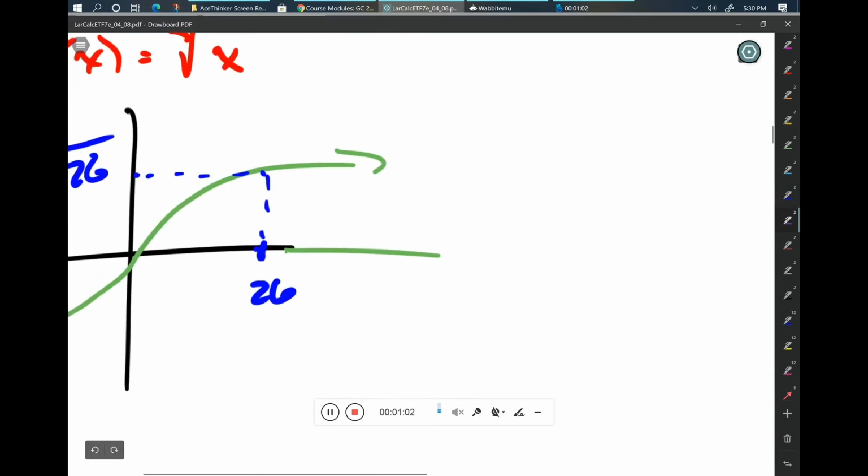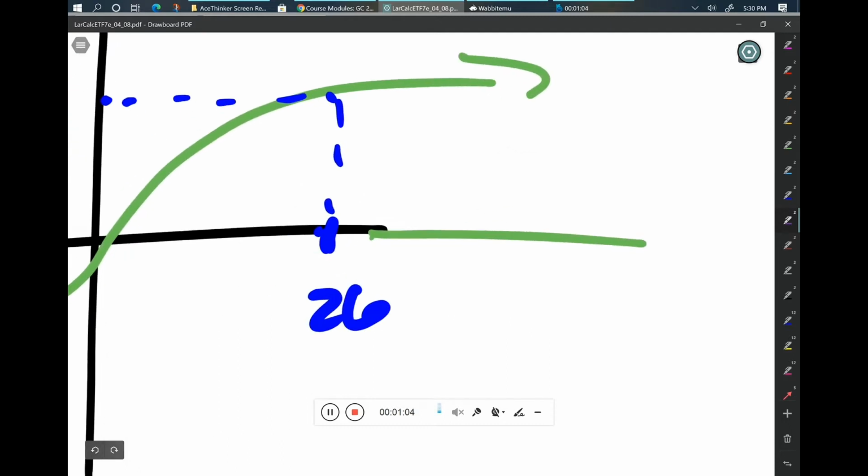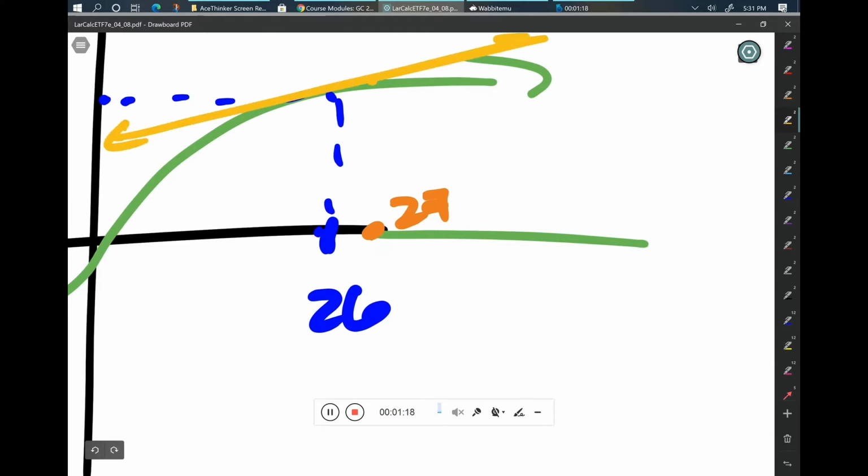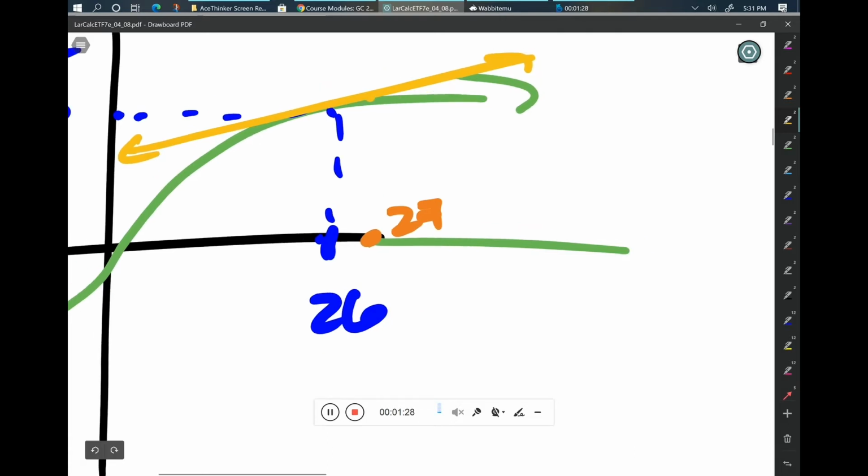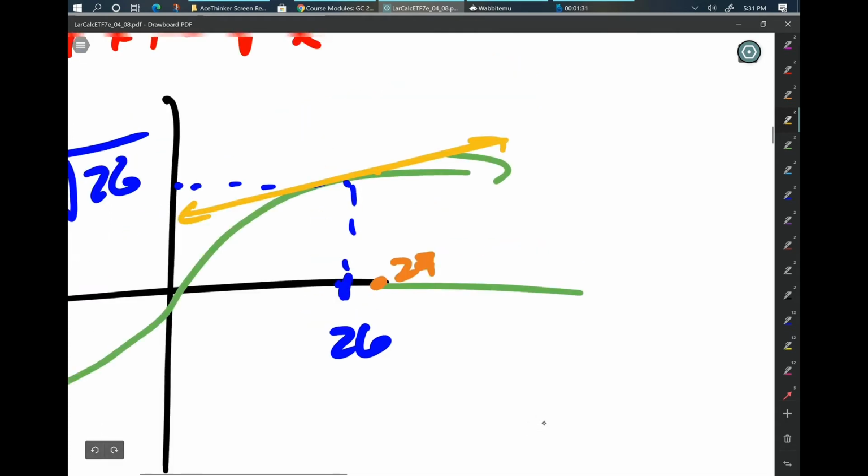So I'm going to look somewhere close to 26 and find a number that is nice, like 27. Then I go up to the curve at 27 and draw in a tangent line at 27. The tangent line is close enough to the curve, so let's use it to approximate the cube root of 26, and it should be a good approximation.